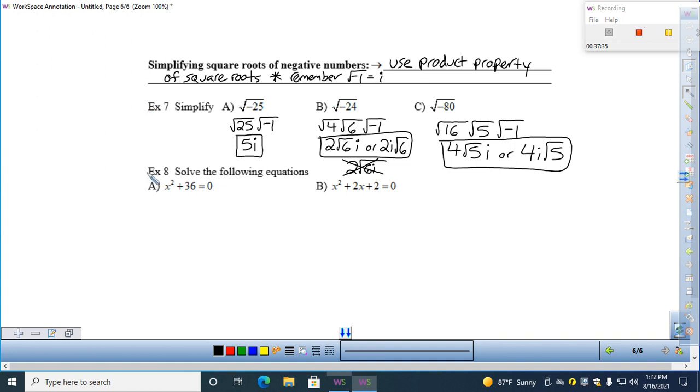Here we're going to be a little more careful, because now I'm finding all the solutions to these equations. Now in this case, what I'm going to do is I'm going to bring that 36 on over to the other side, because if you remember, we talked about factoring patterns. I'd love to factor this. These are two perfect squares, but there is no sum of two squares. If this was a minus, we could factor it and get it quickly that way.